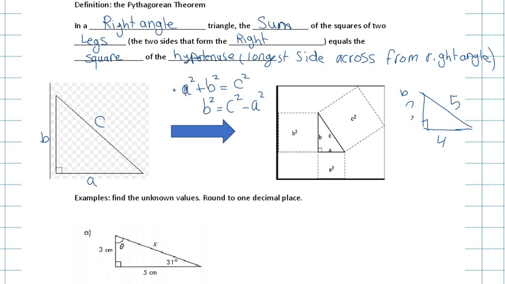Are you guys okay with this? Same thing, if you're finding A and you know B and C, it will be A squared equals C squared minus B squared, because you have to move B squared.